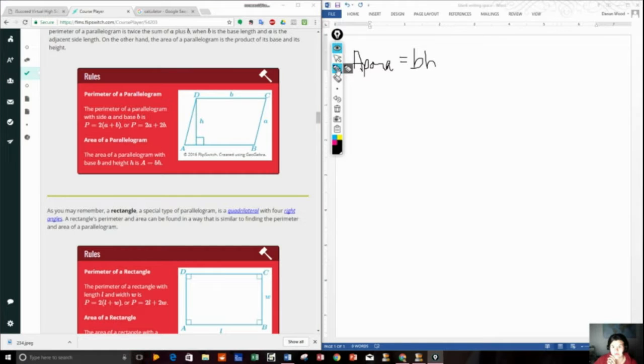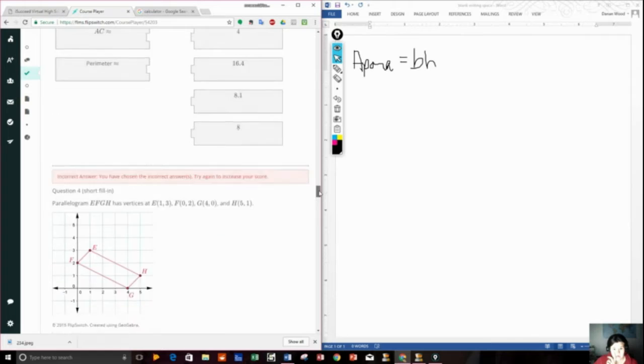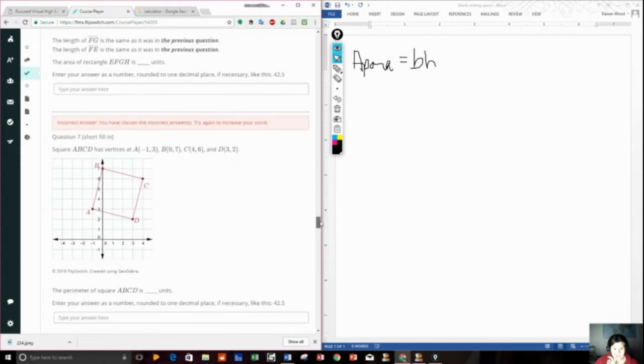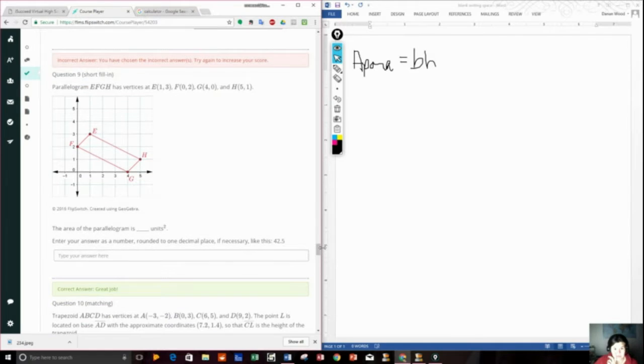So when we come down here to our question 9, right here, enter your answer as a number rounded to one decimal unit. We need to know the height, or this distance right here.